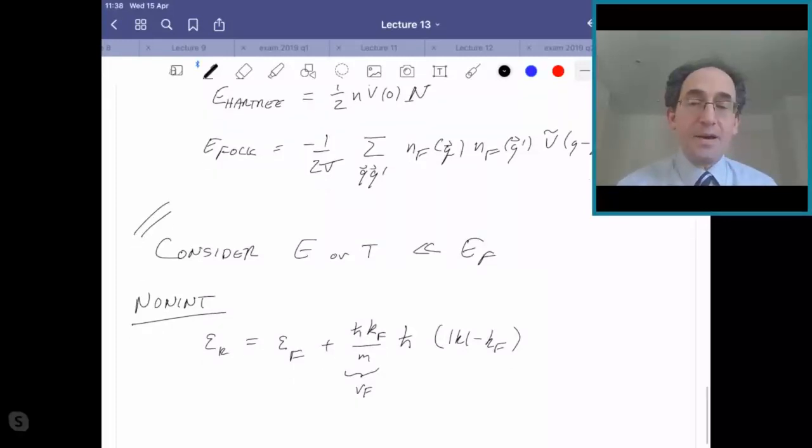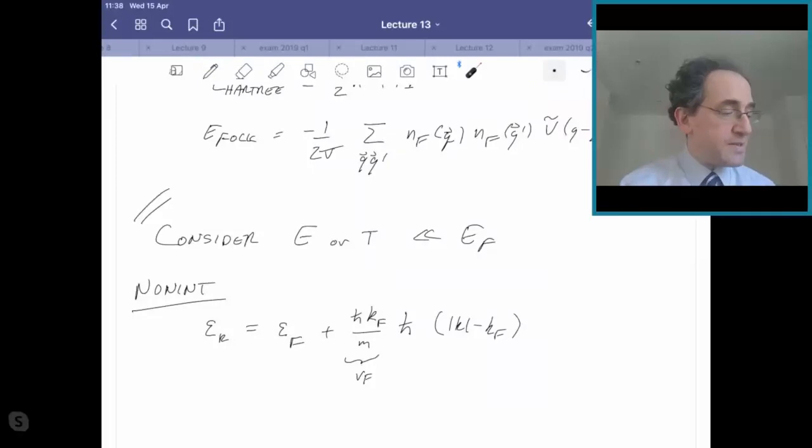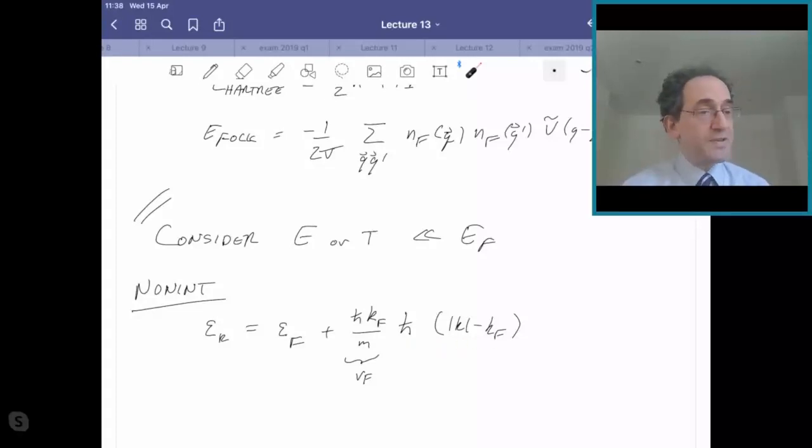You should remember this from your second year stat mech or your solid state course: expanding k squared around the Fermi energy gives you the energy at the Fermi surface plus v_F times the momentum difference from the Fermi surface.